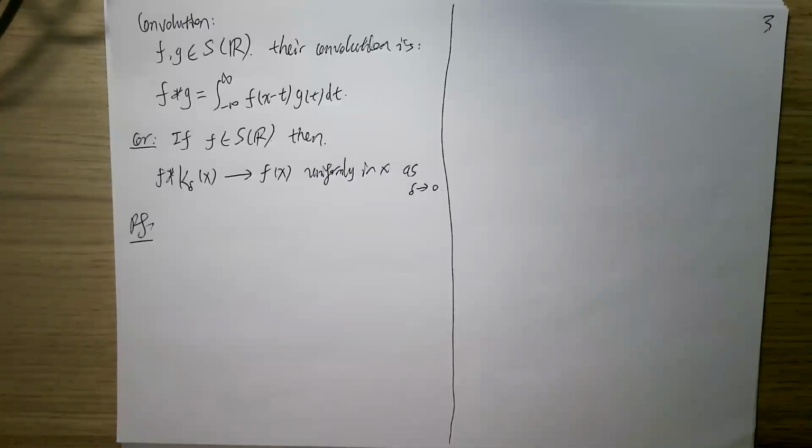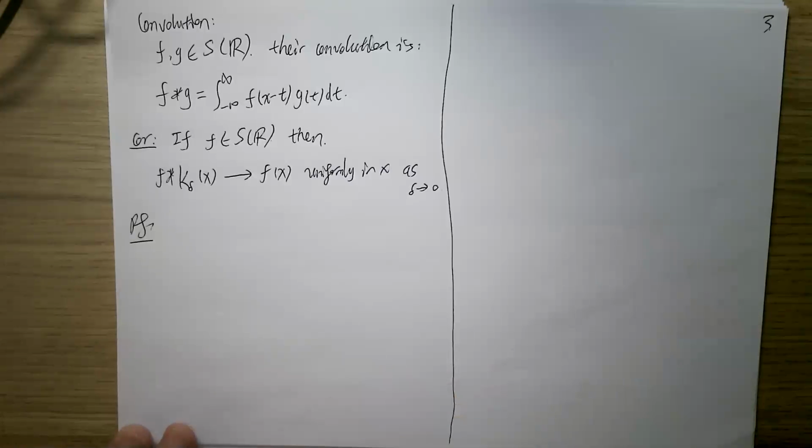And the proof is exactly as before, okay? But I still want to write it so that you can see how we deal with whole real line problems, or infinite domain problems, and how we can use a decay condition of a function.